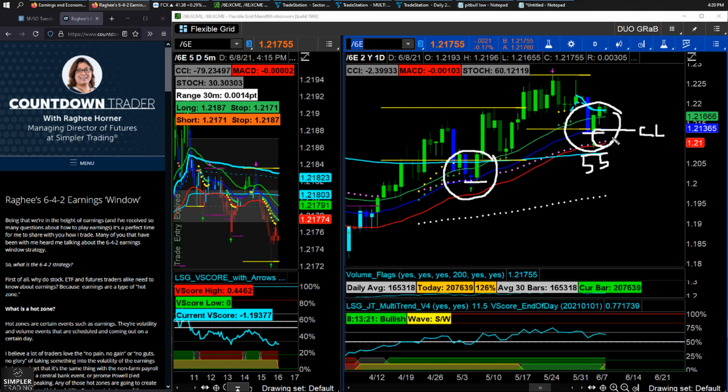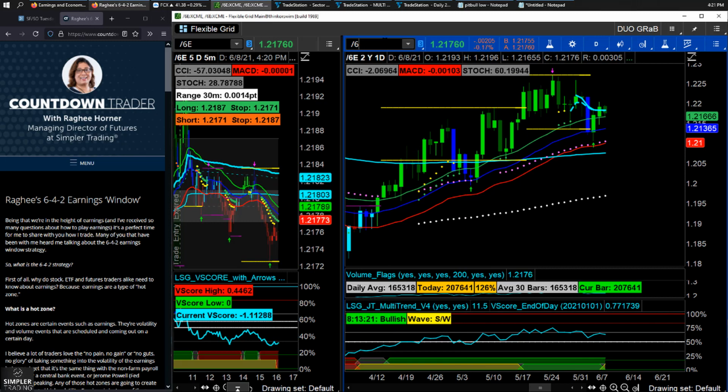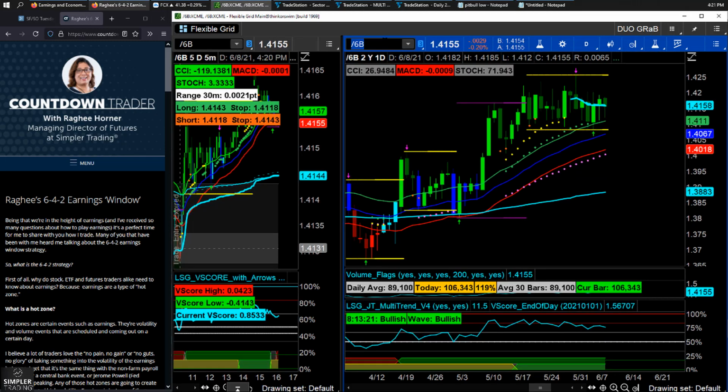So I'm really looking for something right in here. Kind of makes it look like the Death Star, doesn't it? So that's what we're focused on in terms of the zone for the buy. And a bounce from there is sort of another Death Star move for the dollar, because as the euro goes higher, the US dollar goes lower.